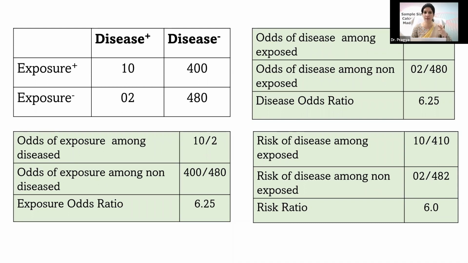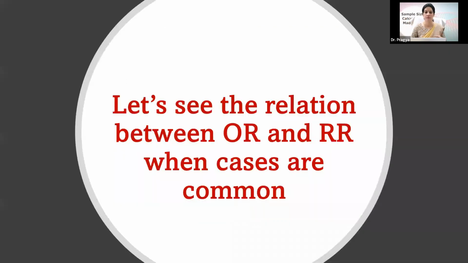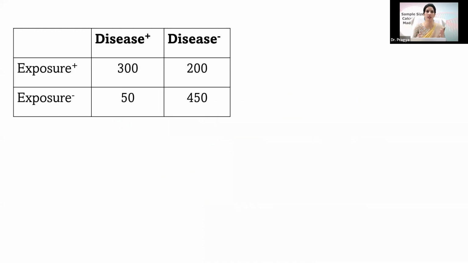Now I again made a statement about when numerically this odds ratio and relative risk is same, and that we are going to see. So there is a relationship between the odds ratio and relative risk when the disease is very common. So in this case, this has increased.